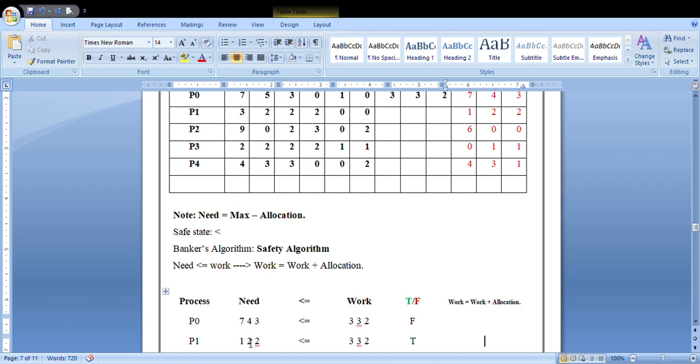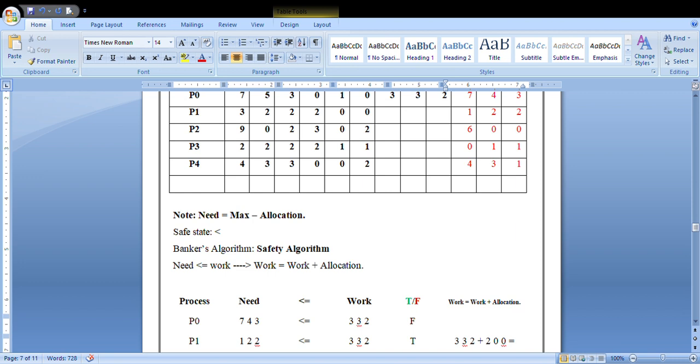So for the P1 process, what is the available value? 332. For that, you are going to add the allocation value. What is the allocation value now? 200. This is the P1 process allocation value. So you are going to add the allocation value of P1 to the available value.